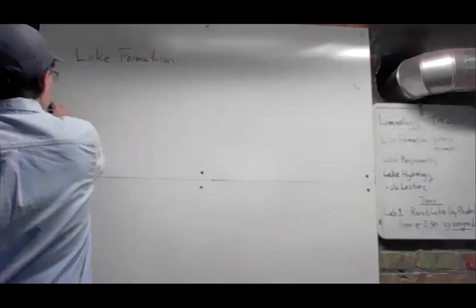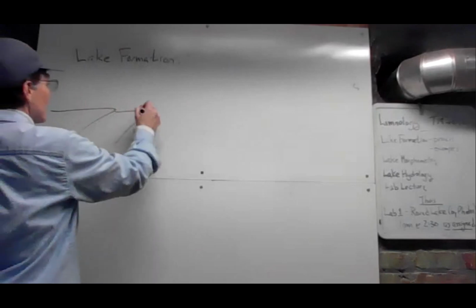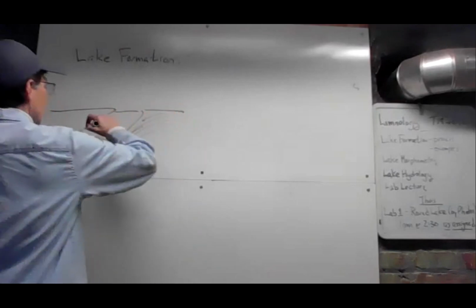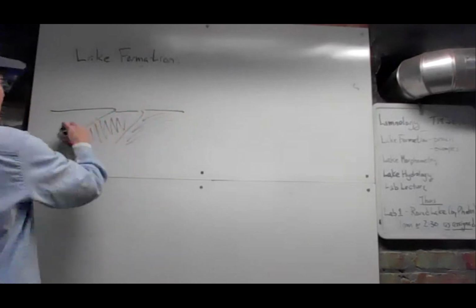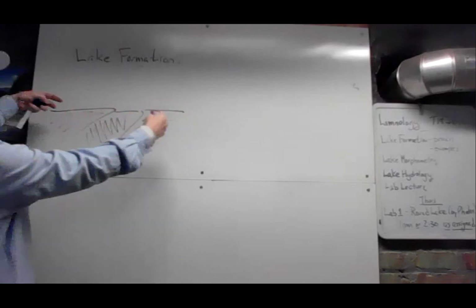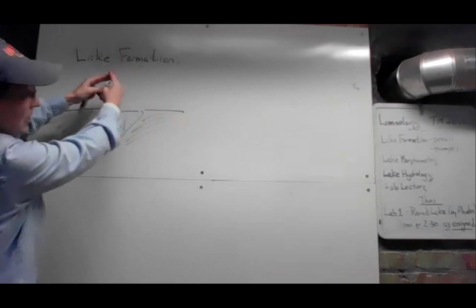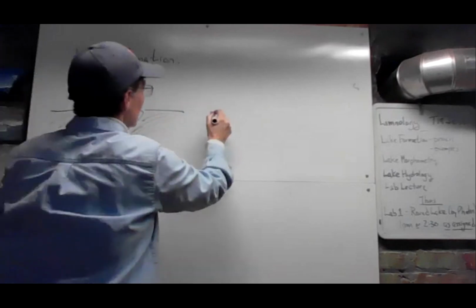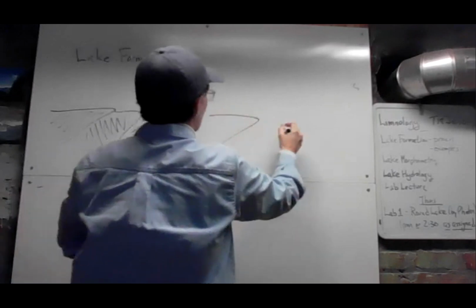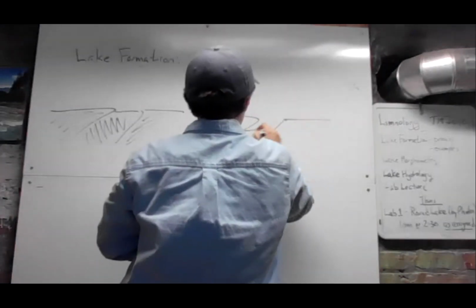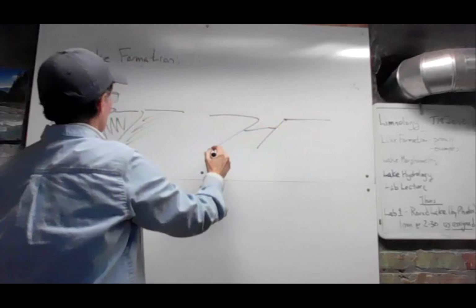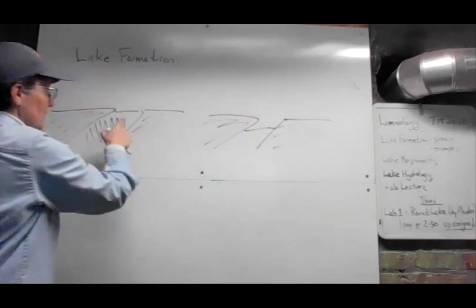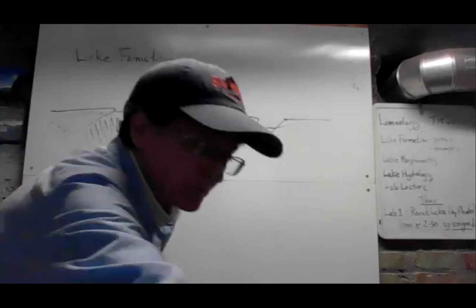So let's say that you got a couple of tectonic plates. These are all plates here. There's another plate here. And if these plates push together, you could have a mountain form. But if these plates move apart, this one might fall. Right, I'm showing this one in the middle.